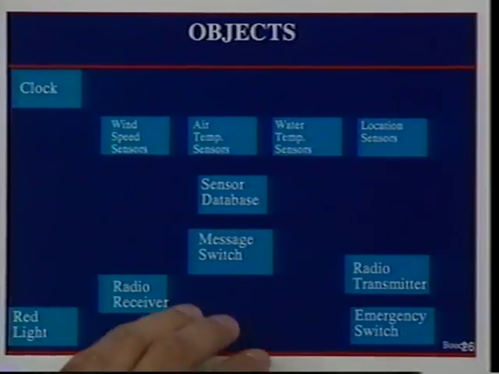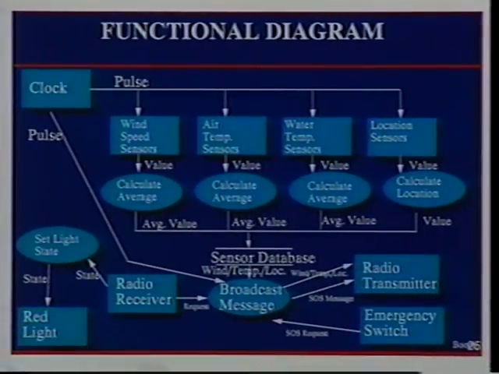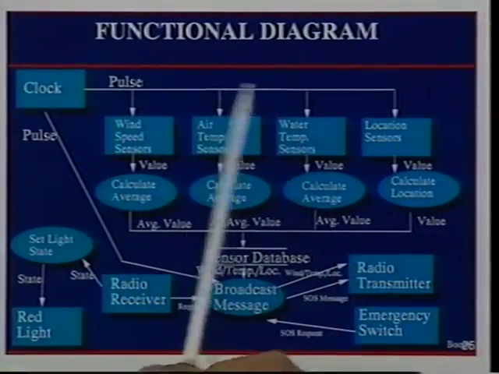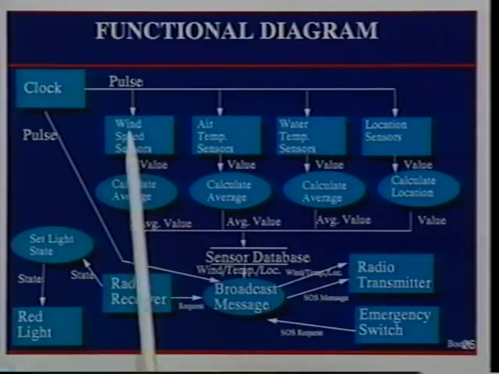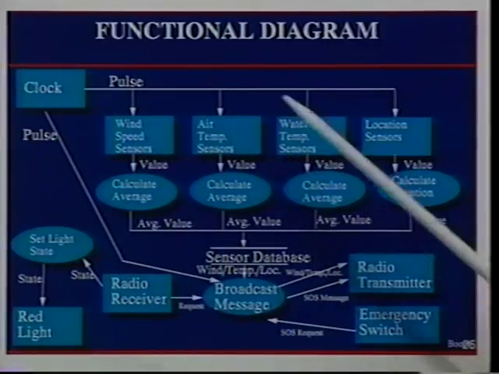Based on all these objects, we can draw a functional diagram which is like this, where we have a clock sending the pulse, and the wind speed sensors, depending on the nature of the specification, read the wind speed, and the temperature sensors take the air temperature information.